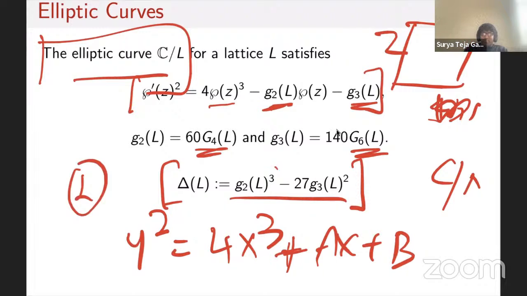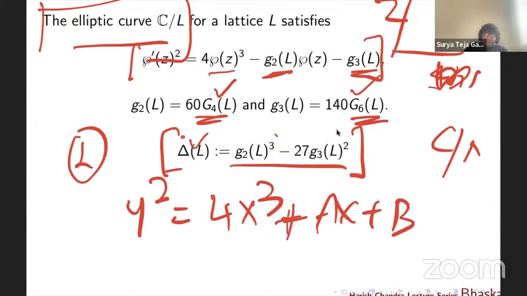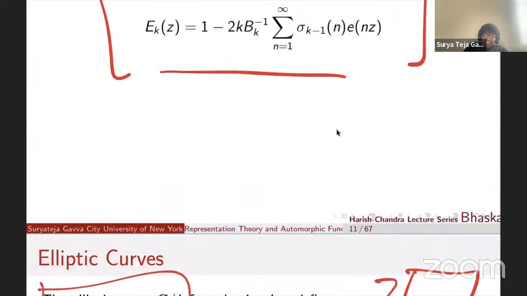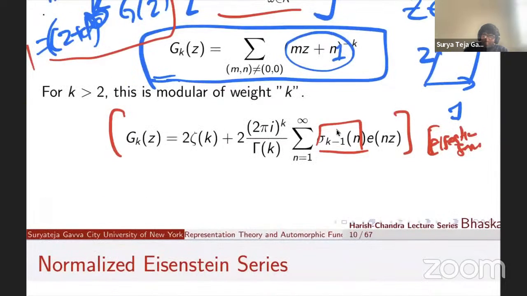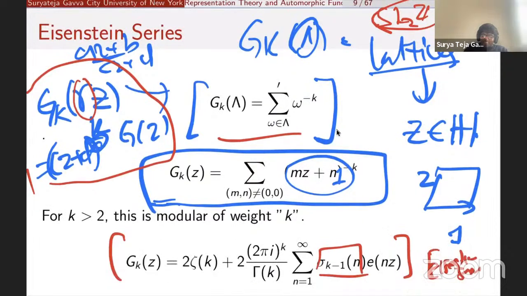Okay, so now these quantities G4, G6, and even this delta, all of them satisfy these automorphic properties. As we have seen them, for instance G_k(z) with this formula, it is holomorphic, or maybe it's not clear it's holomorphic, but it's at least meromorphic.